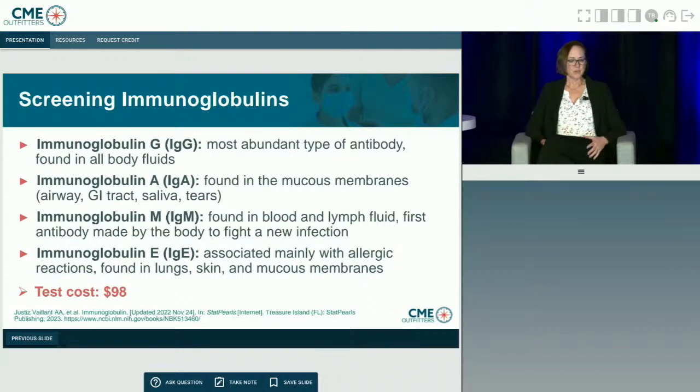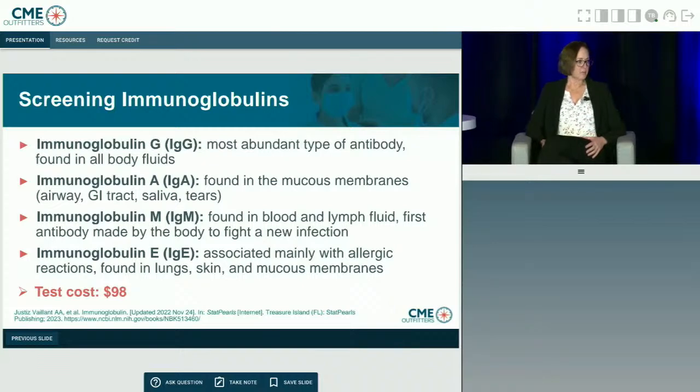And also screening immunoglobulins. This is definitely a primary care test that can happen. It's less than $100 in most labs to do screening immunoglobulins. We want to make sure that these immunoglobulins are from the baby and not from placental or cord blood. From the baby with an abnormal TREC, you can look at IgG, serum IgA, IgM, and IgE for less than $100.